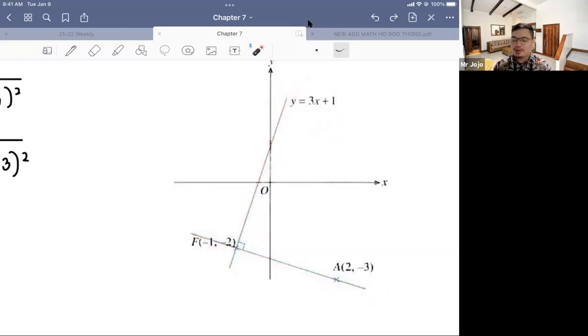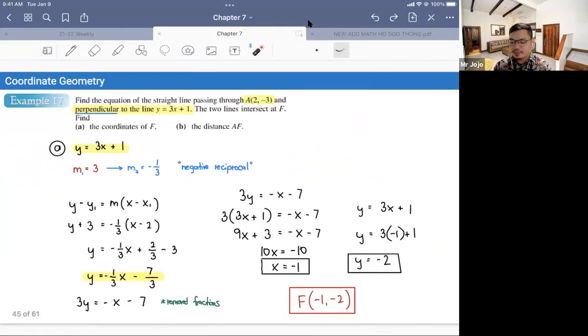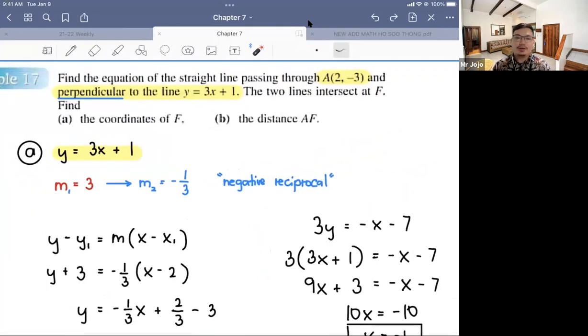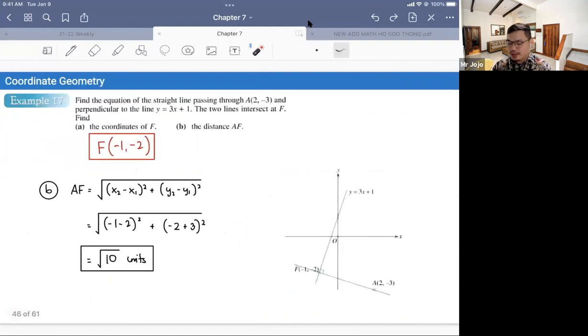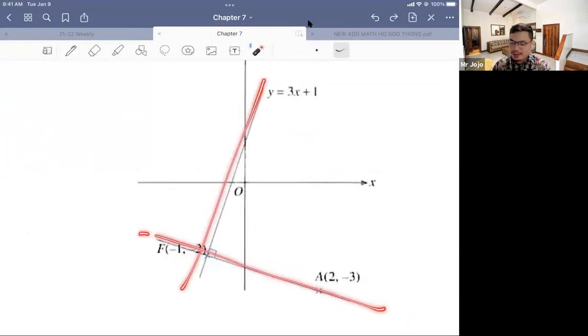Now, basically, the question for letter A is you need to find the coordinates of point F, because these two lines will intersect at point F. So this is where point F is, okay? So how can we find their intersection point?